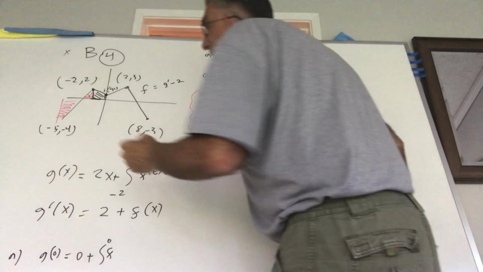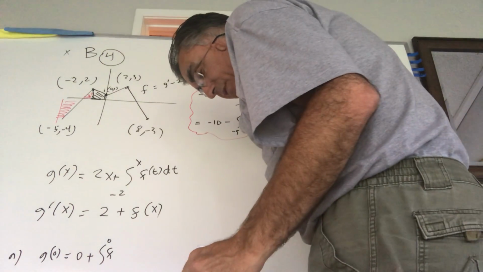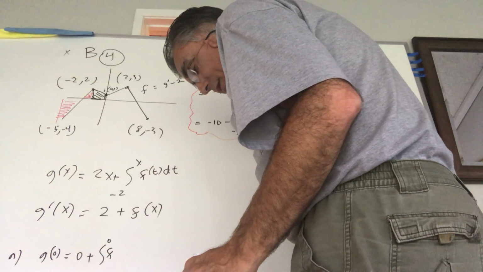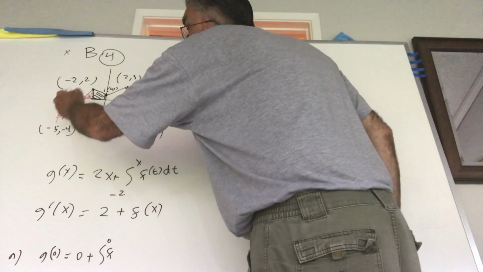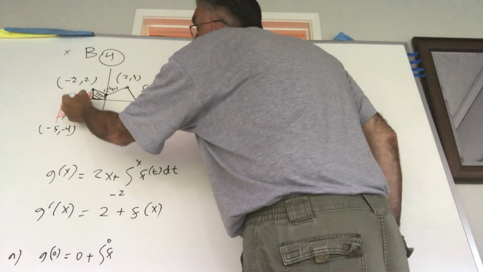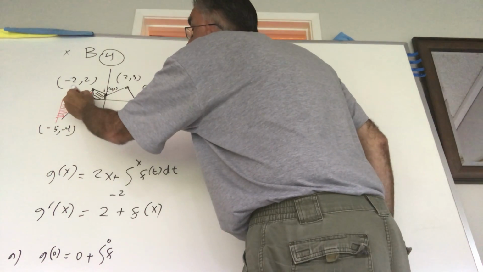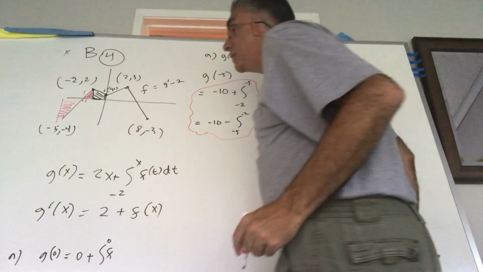Let's work this out. So that first triangle there, it is negative. So where did that cross over at? At 3. So this is 1 and that's 2. 1/2 base times height, so that area is 1.